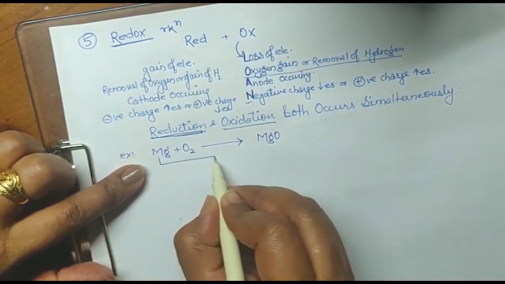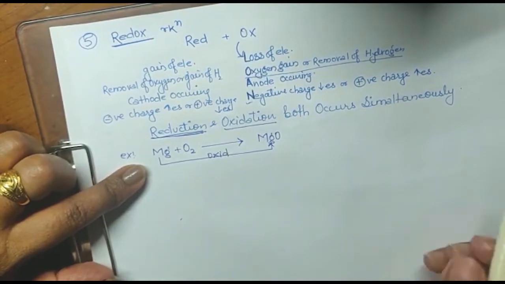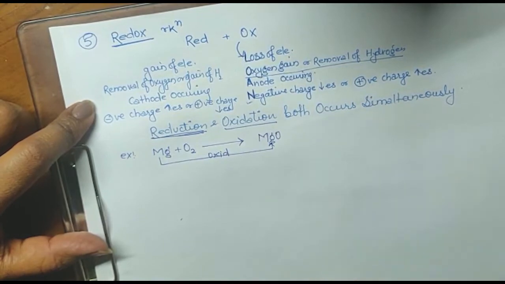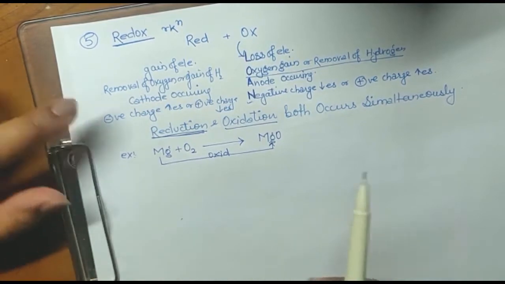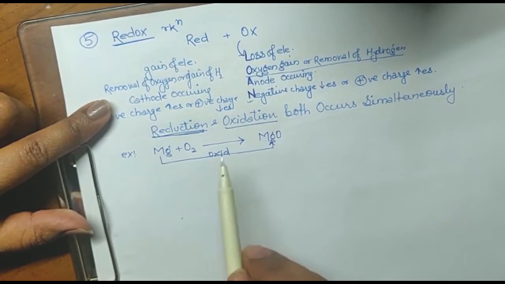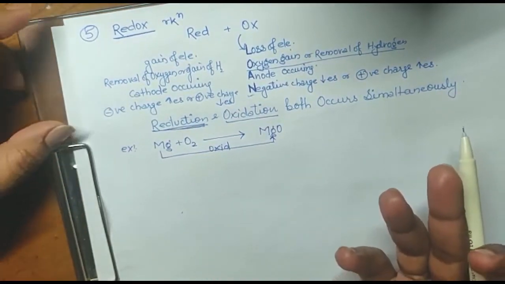That's quite clear. But how can you explain the reduction over here? As I told you, reduction and oxidation both occur simultaneously. If oxidation is there, there must be reduction, and if reduction is there, there must be oxidation. So Mg is gaining oxygen, so it can be considered oxidation. But where is reduction? Got it?